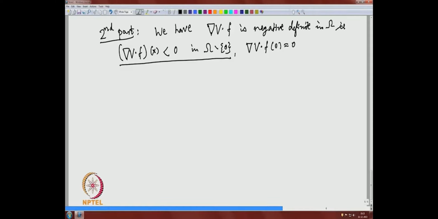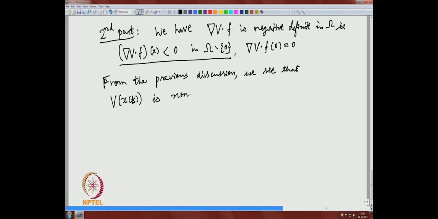Again from the first part, from the previous discussion, we see that this composite function v of x(t), as a function of t, is non-increasing.